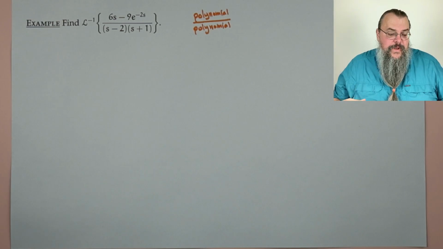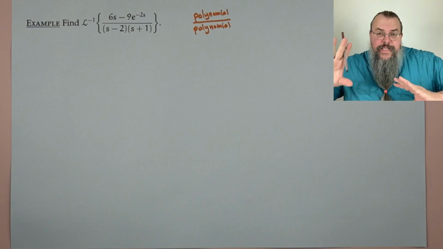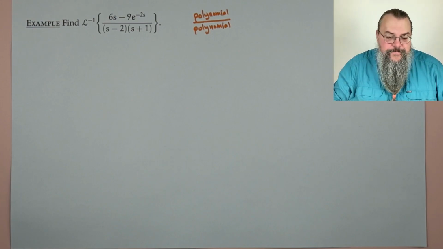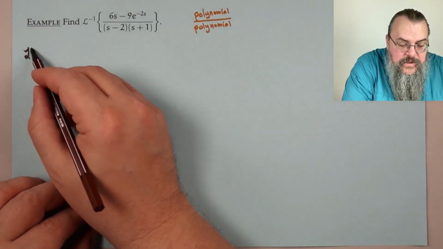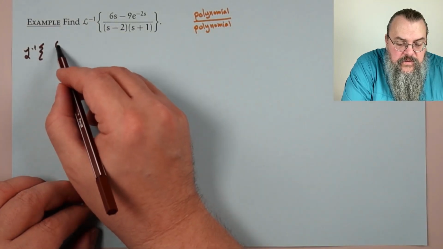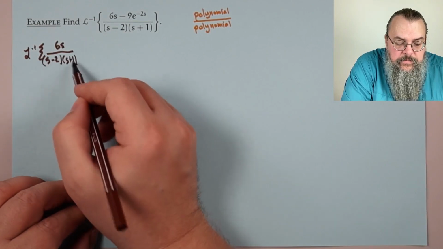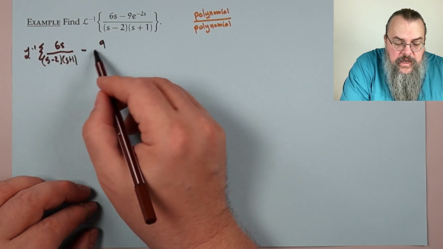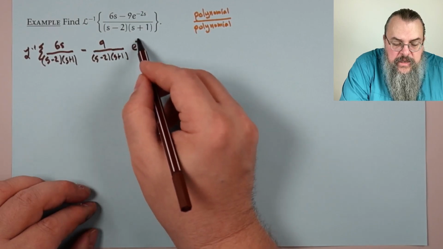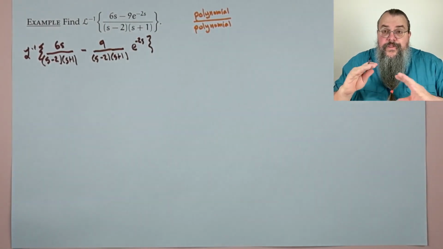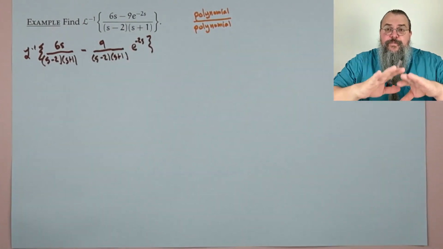So how do we get to that? Well, we pull things apart upstairs so that we can put the exponential piece off to the side. Let's start by rewriting our problem. This is our inverse Laplace of 6s over (s minus 2)(s plus 1), and then minus 9 over (s minus 2)(s plus 1) times e to the minus 2s. Did you see what happened here? We used our subtraction sign upstairs to help split into two parts.